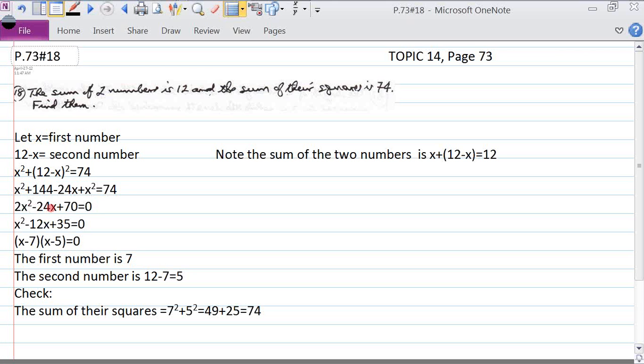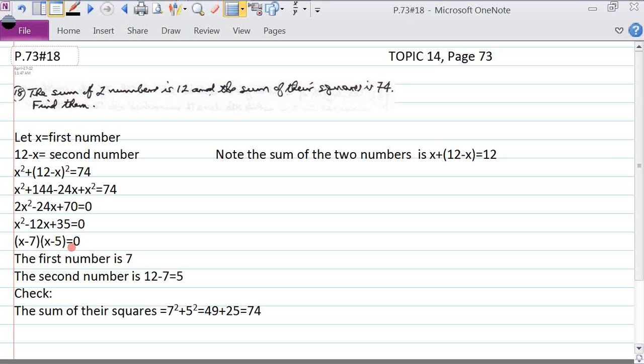Now I'm going to divide each term here by 2. I can do that. So 2x squared divided by 2 gives me x squared, minus 24x divided by 2 gives me minus 12x, and plus 70 divided by 2 gives me 35.